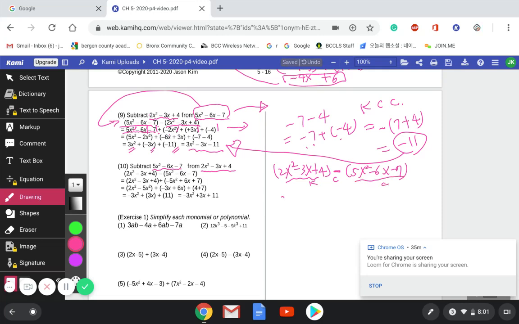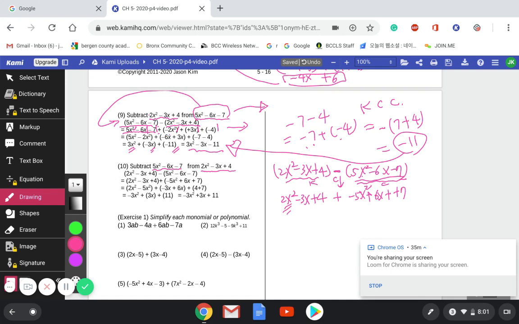If you do that, you have 2x squared minus 3x plus 4. Minus becomes plus. Now change everything in here. 5x squared becomes negative 5x squared. Plus negative 6x becomes positive 6x. Plus negative 7 becomes positive 7 because you have to keep, change. I forgot to put the square here.